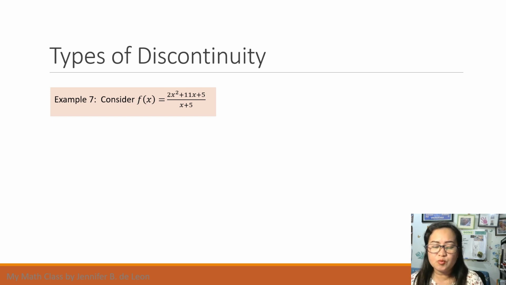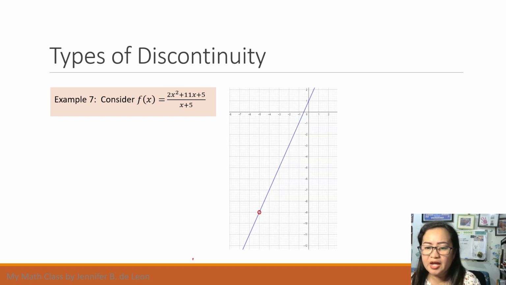This time, we determine what kind of discontinuity this function has. Using the graphical method, you would have this kind of graph in which x equals negative 5 is not allowed because the denominator would be zero.